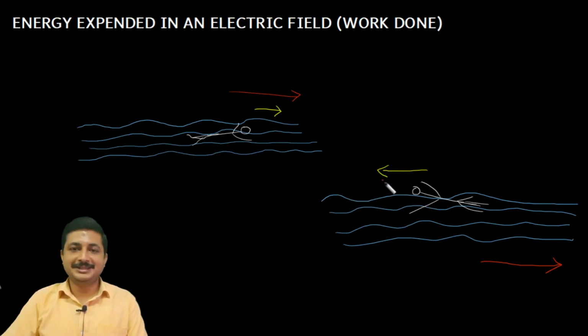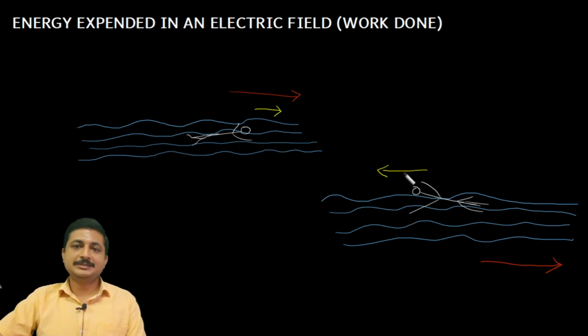You are losing your energy and you may not complete the work as intended. So there is a negative value there. Energy exhausting is nothing but losing energy, so we call it negative work done. I hope this example is very clear.